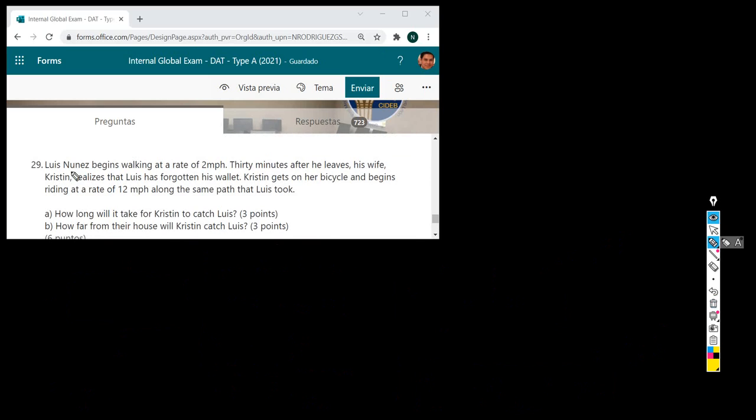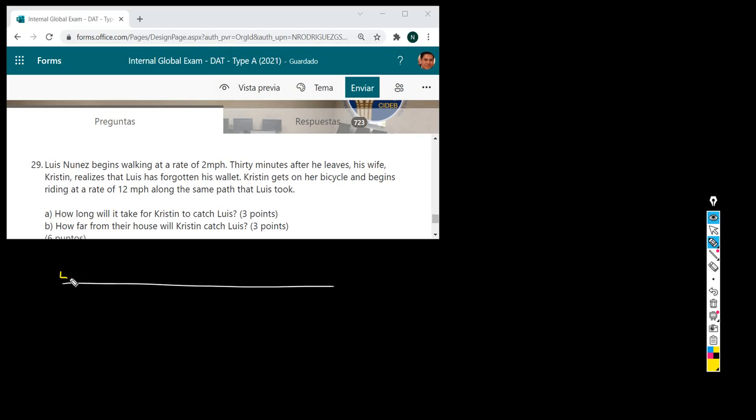This one, we have two people, Luis and Kristen. And Luis begins to walk at a rate of 2 miles per hour. So let's draw a line in order to signify a highway or a street on which Luis and Kristen will travel, right? It's always a good idea to draw something.